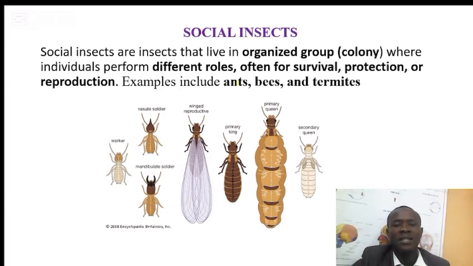So let's start with what are social insects. As we said, these are insects that live in an organized group. That means they are living in a group. They are not solitary, where they have to live singly, like we have in the case of snakes. Some will be there for reproduction, some will be there for defense. In the case of defense, it could not have been easy for even us, the humans.